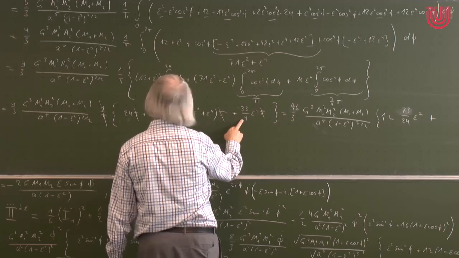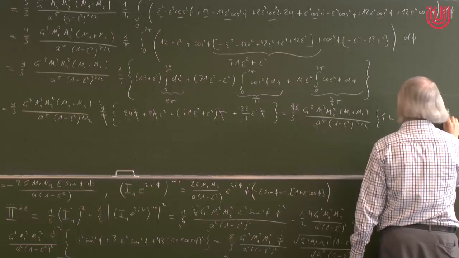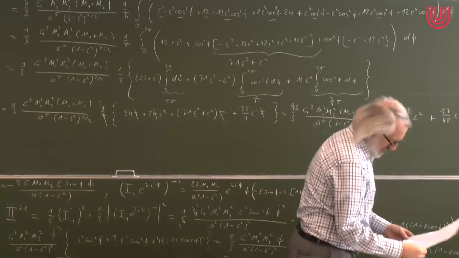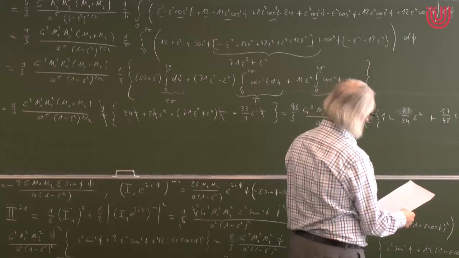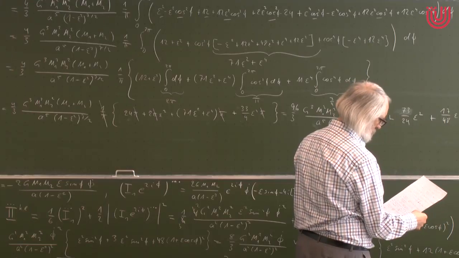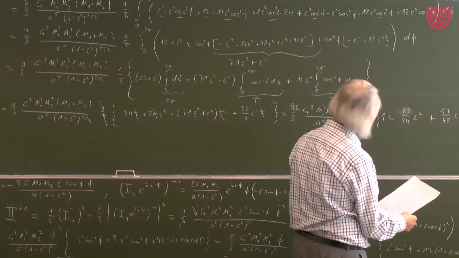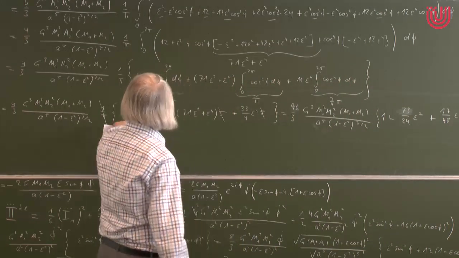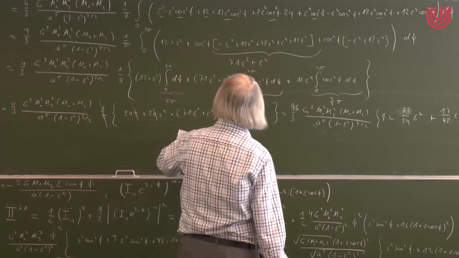17 divided by 48, is that true? 48 epsilon 4. Let me check. No, 37 divided by 24. No, here, I'm in the wrong line, sorry. 37 divided by 96. Oh, how is that coming about? That's right.